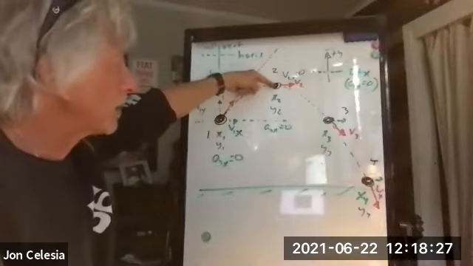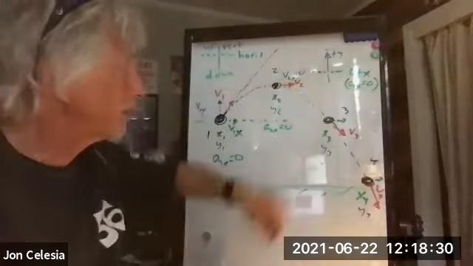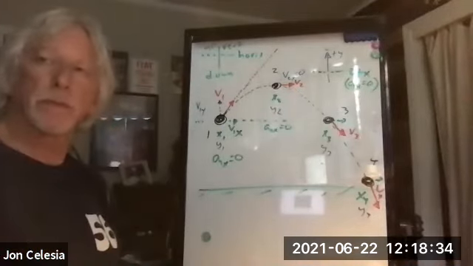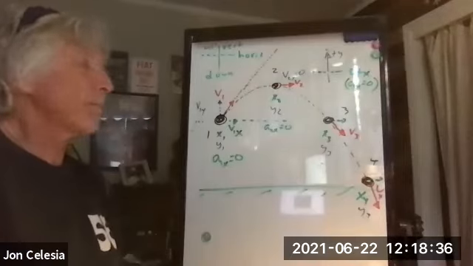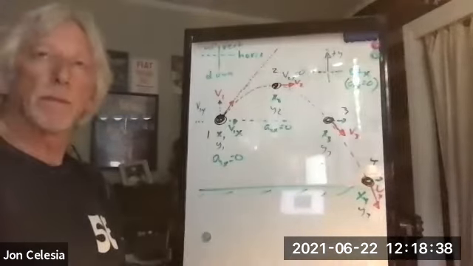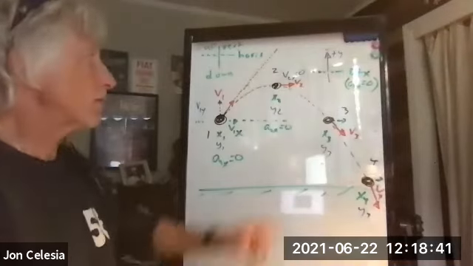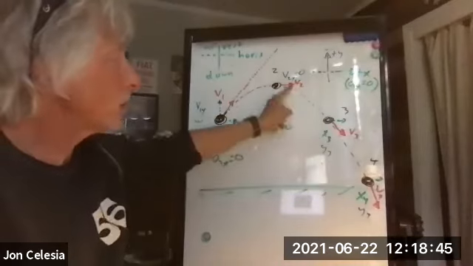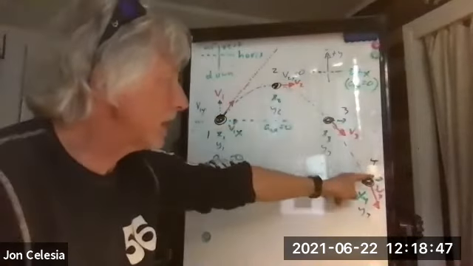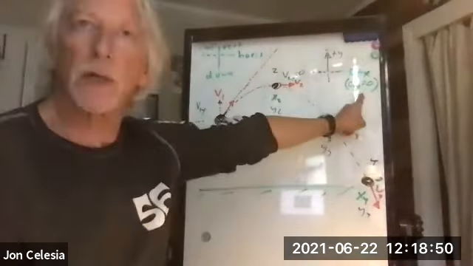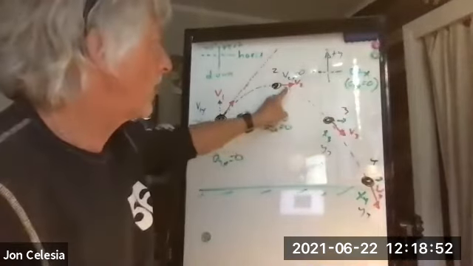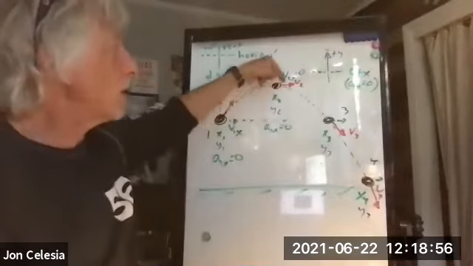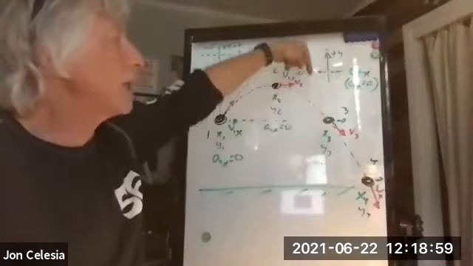On the way down, what's going to happen to its speed? Stay the same, increase, or decrease? The vertical speed will increase. The horizontal will stay the same. It'll be constant. Acceleration is 0 on the horizontal. But, okay, so it's going down and increasing speed.